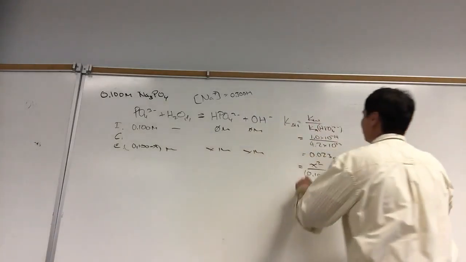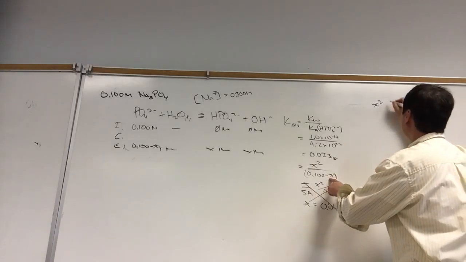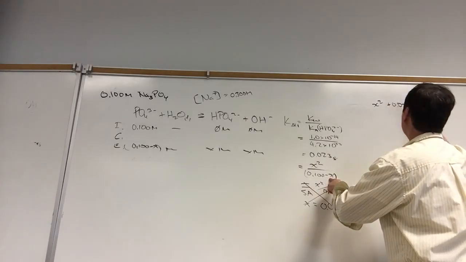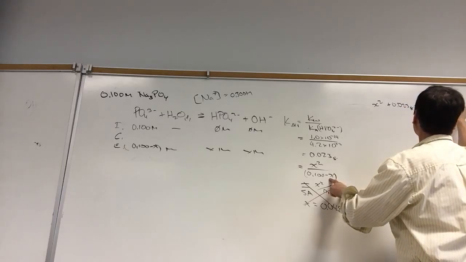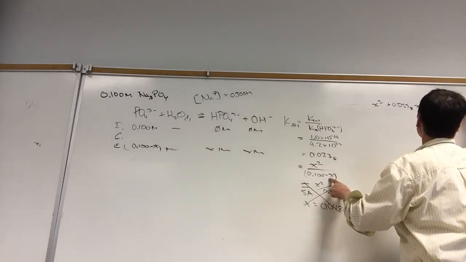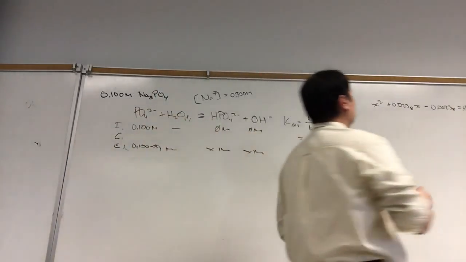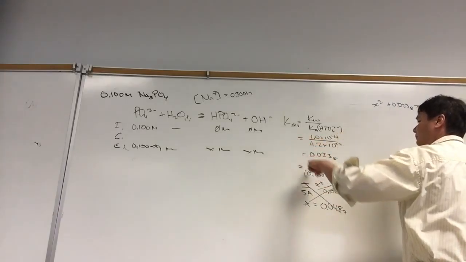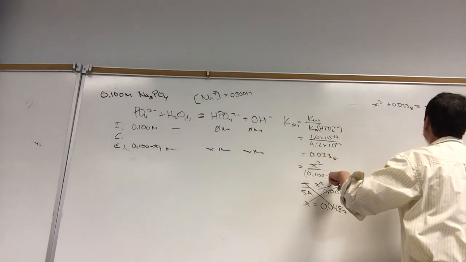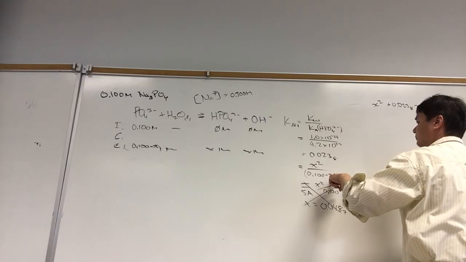Quadratic. Yeah, so we have to use the quadratic, which is going to be x squared plus 0.0238x minus 0.00238. Other way around. Minus the variable plus the constant. Oh, yeah, the plus and minus are wrong.